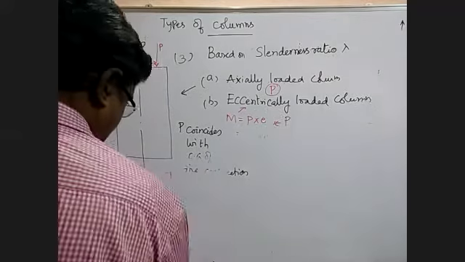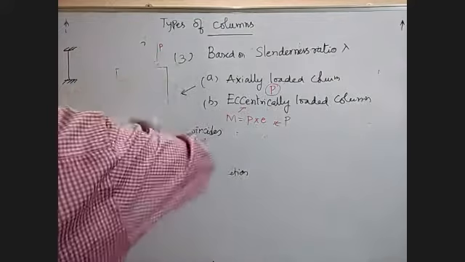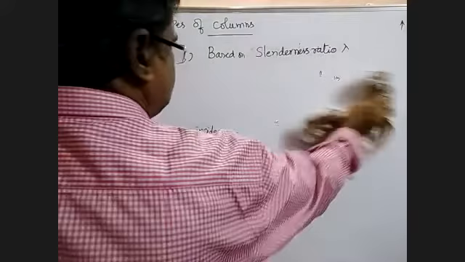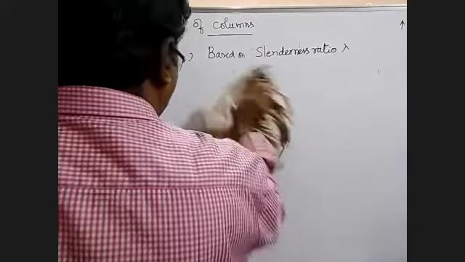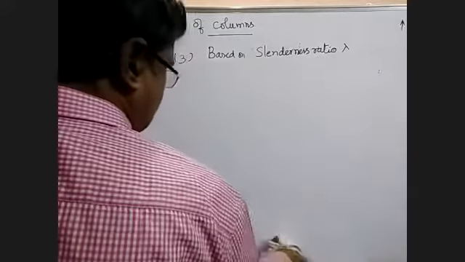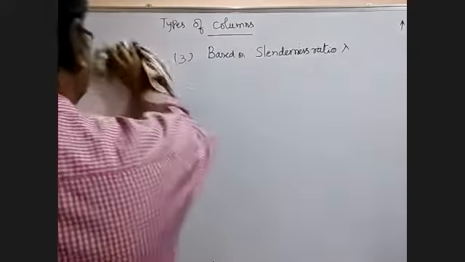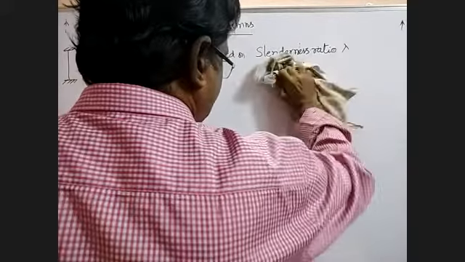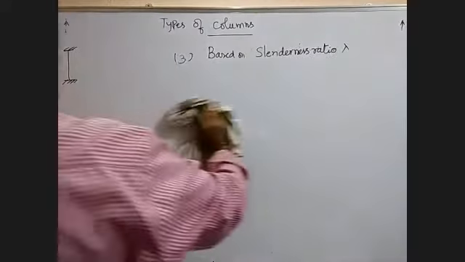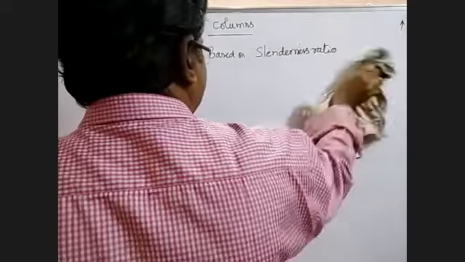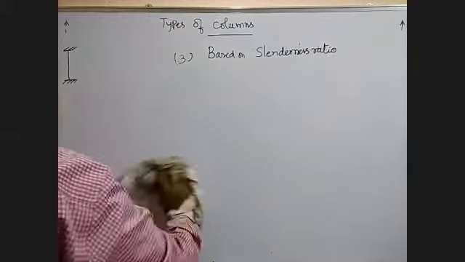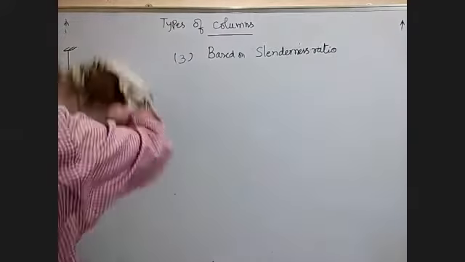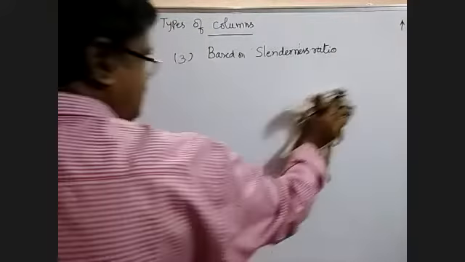You have the short column and you have long column, but in your syllabus you have only short column. Now we will see what is short column and what is long column. So lambda is equal to slenderness ratio, lambda is equal to L by r minimum. r is equal to square root of I by A, moment of inertia by area.